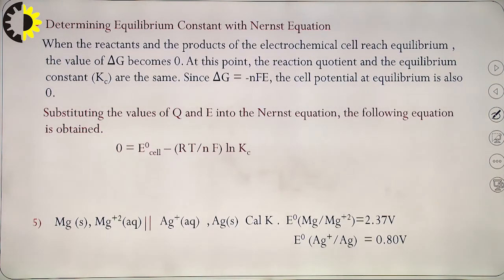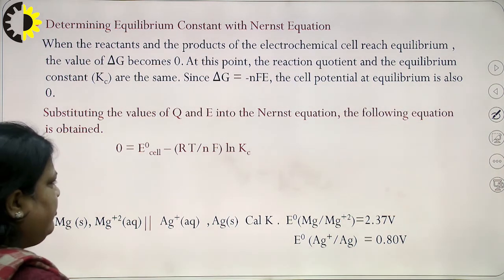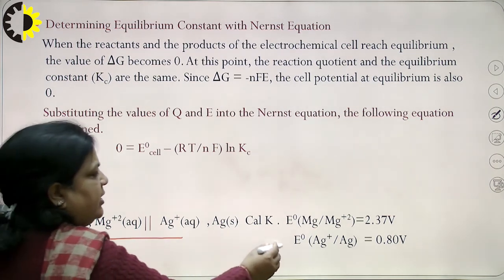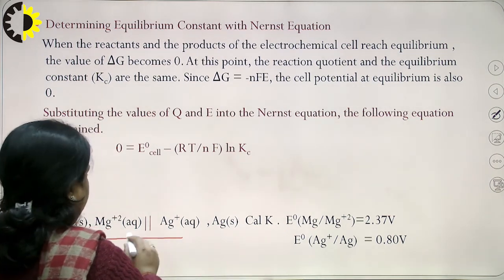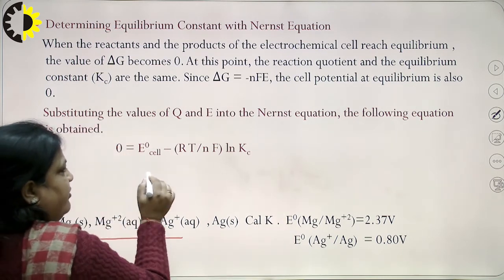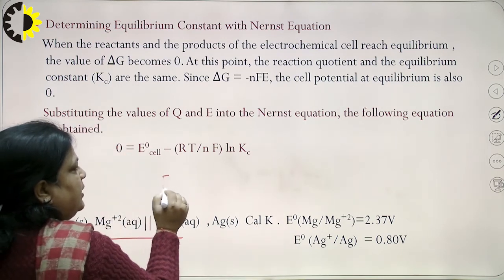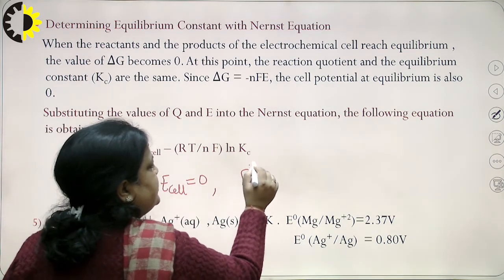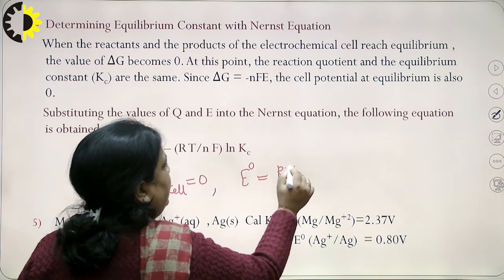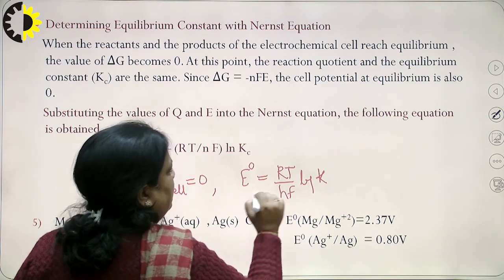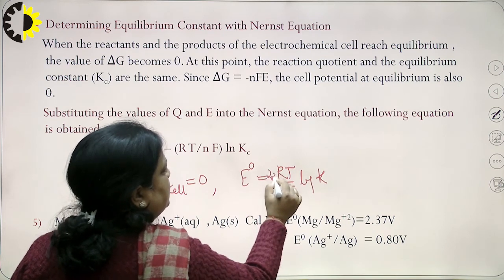Now, next, it is again used to determine K. So, directly we can do this question. In this K, E cell is given. At equilibrium, when we find the equilibrium constant, E cell is equal to 0, then E naught cell will be equal to RT upon NF ln of the equilibrium constant K, and 2.303 is also here.